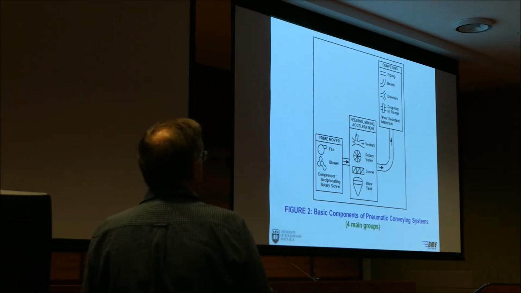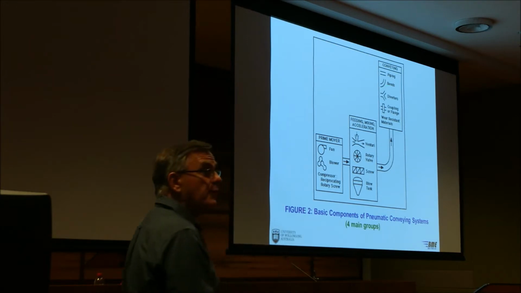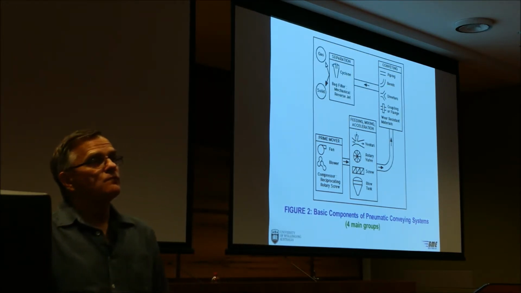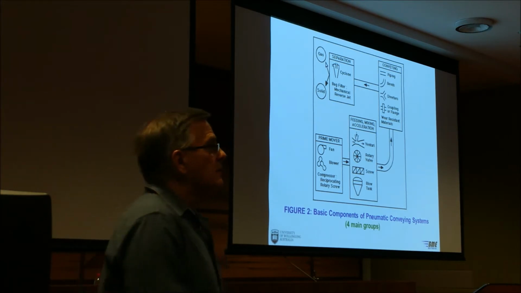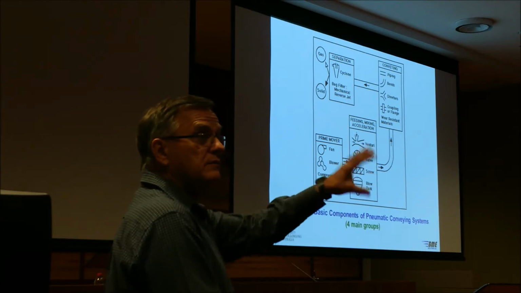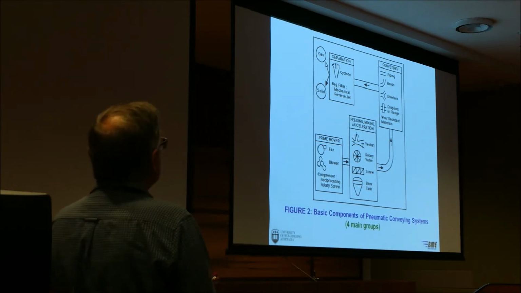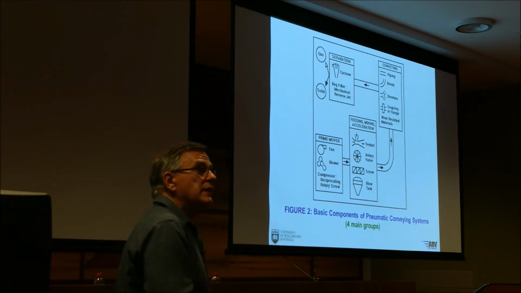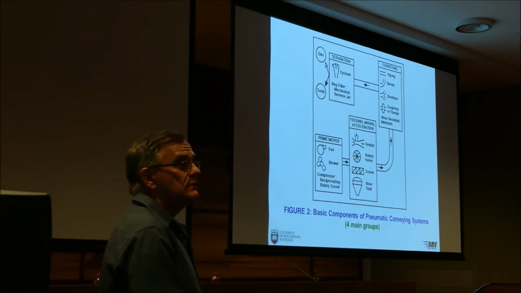All right, so lots of considerations there for your conveying pipeline. And the fourth main area is what you do at the end in your silo. You'd like all your product to go into the silo, back into the process, and you need some sort of mechanism or device to clean your gas, your air.